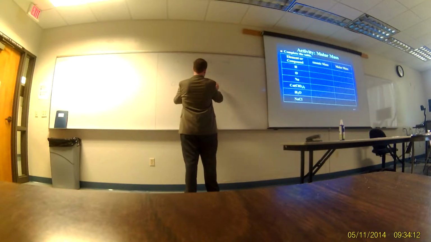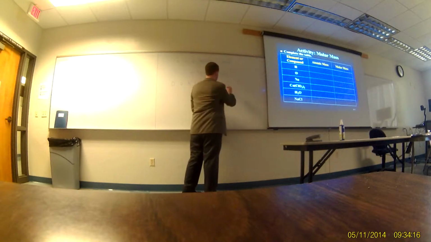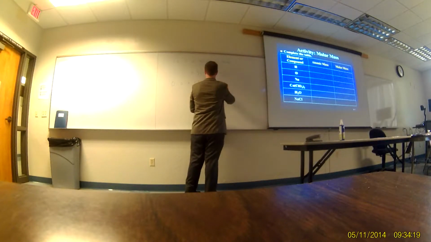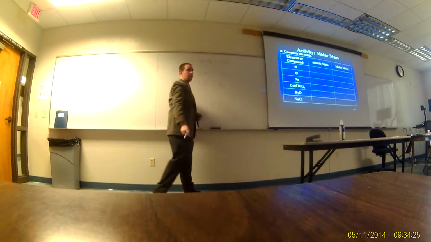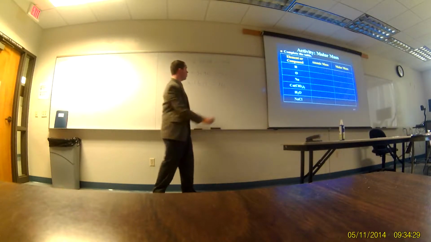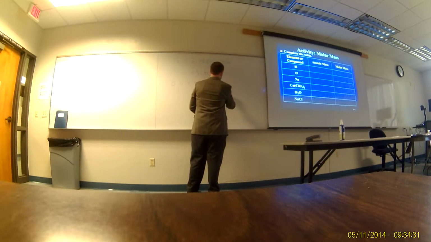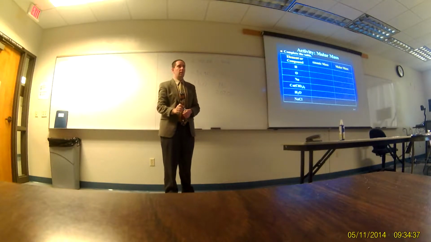And then what's 6 times 16? 96. When you add them up, 107.08. 107, 207. 207.08. What's my unit? Grams per mole.